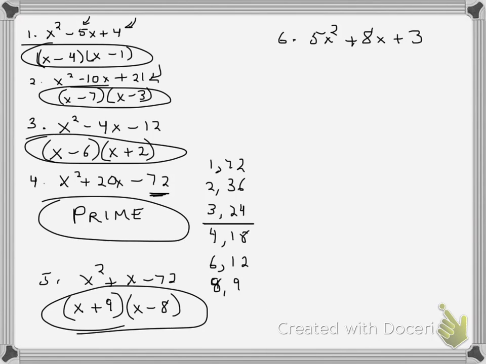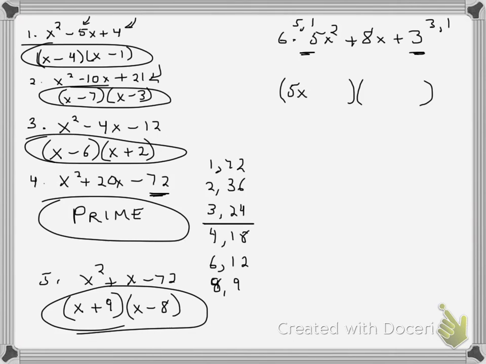Now these are a little trickier when we have a number before the x, let's see, we're looking at 6, 7, and 8. These are a little trickier because we have two numbers to consider, but this one of the three is the easiest because a 5 only has a 5 and a 1, so I would put a 5x here, but I can't put a 5x here. 5 times 1 is 5, and 3 times 1 is here.